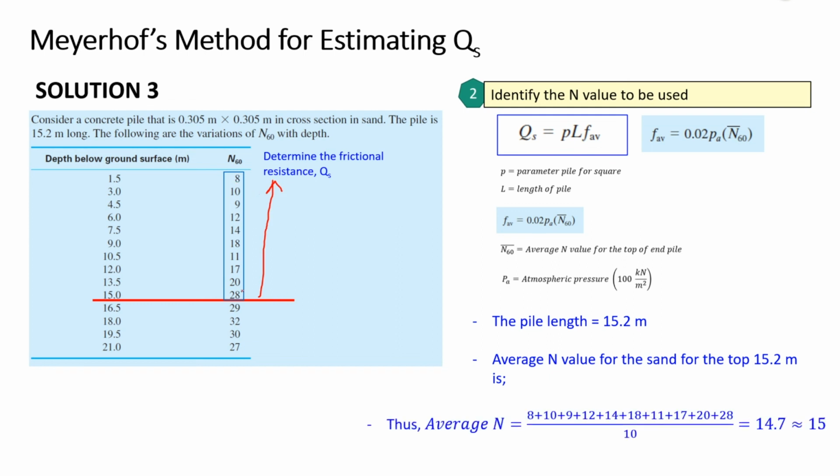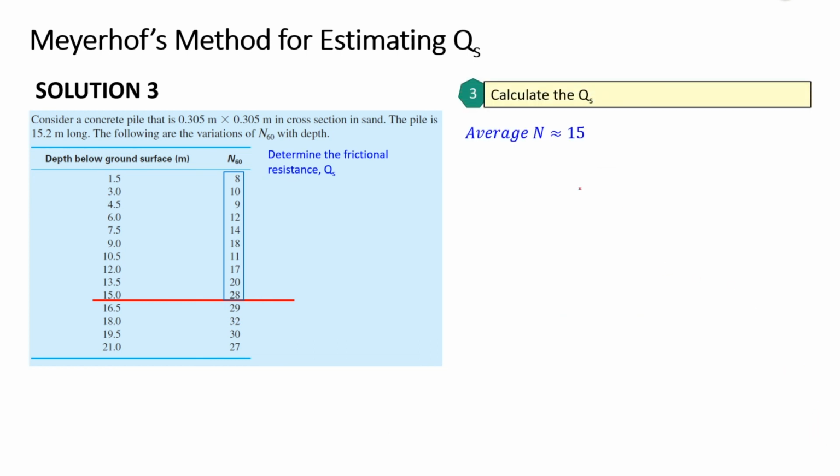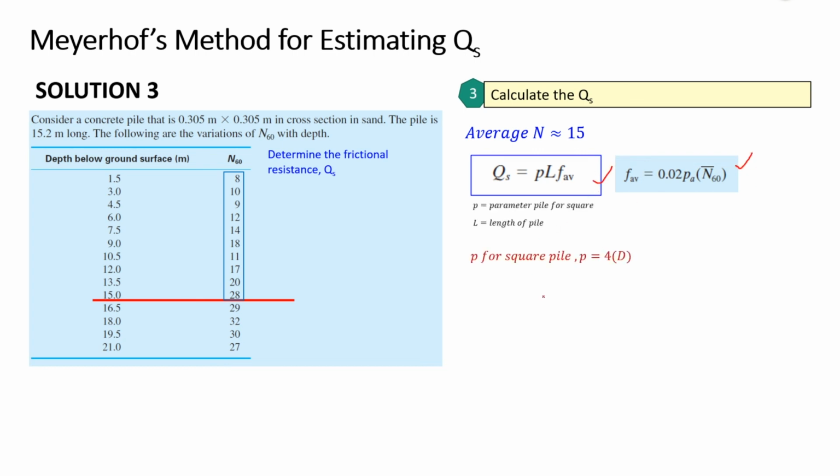We have 10 values of N, so we need to average all these 10 values, and you will have 15 here. Then, having the N average, you can use this equation to get the QS.